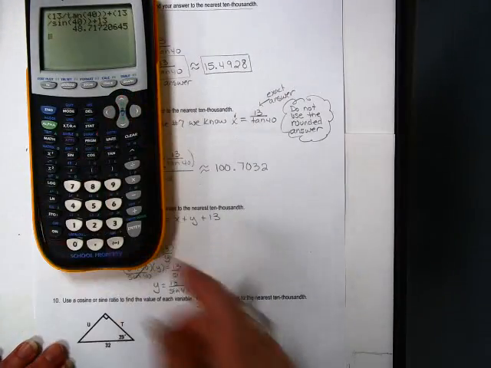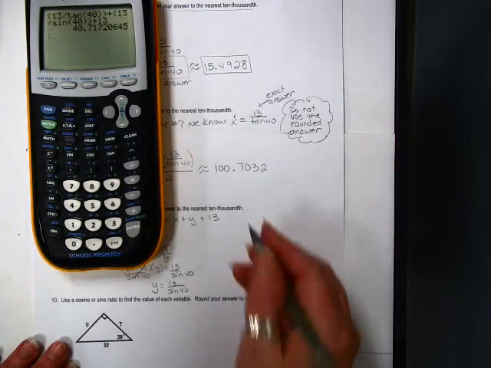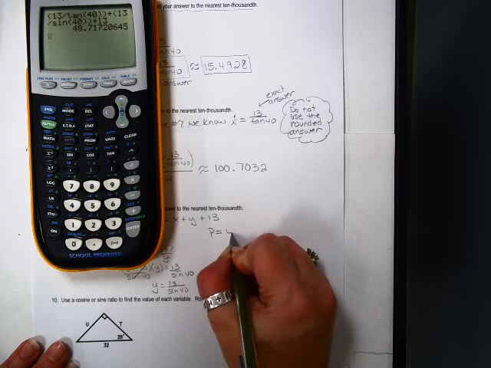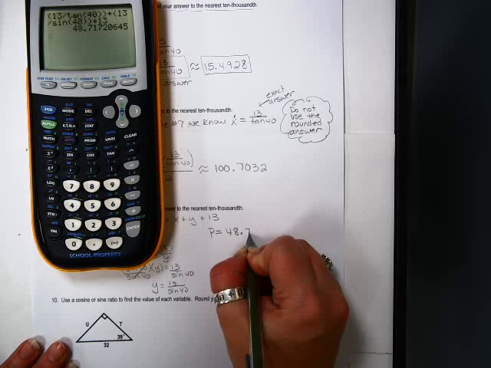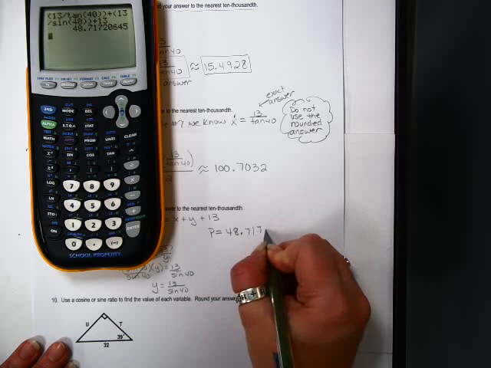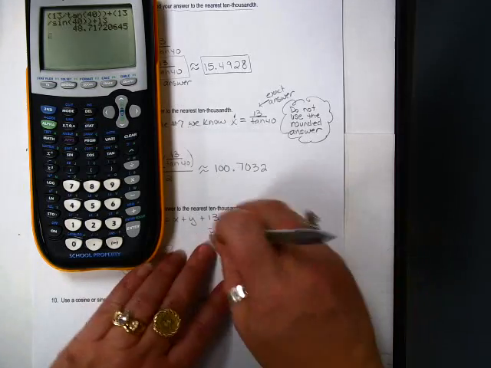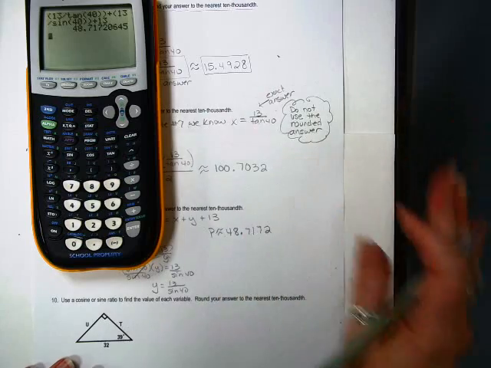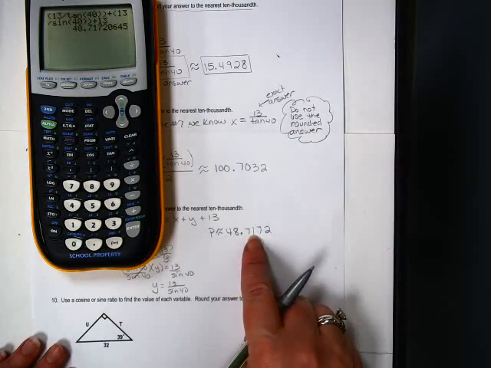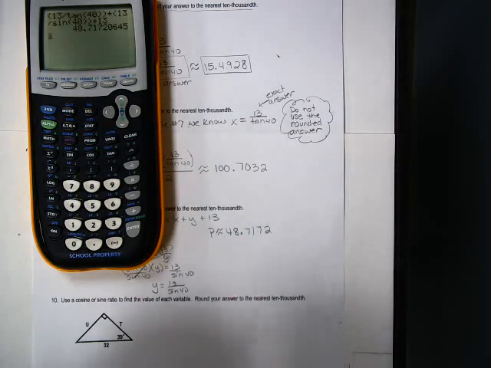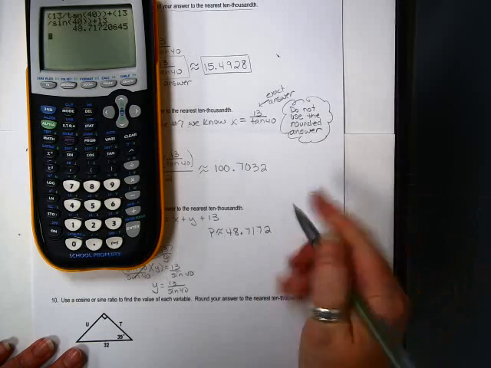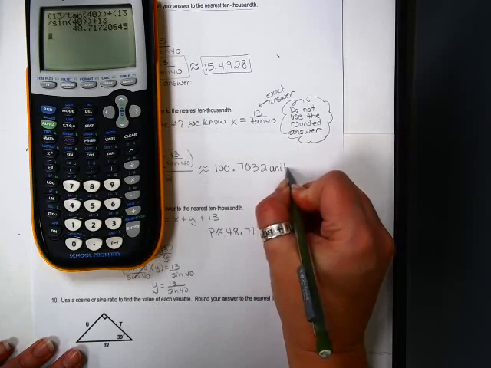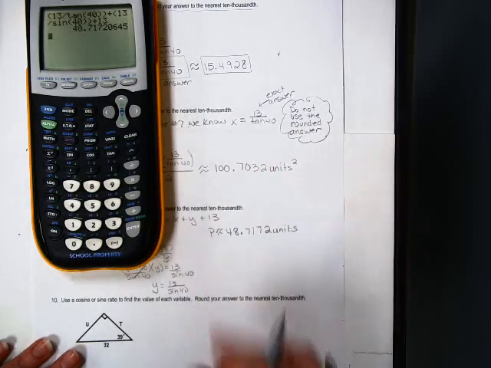When you type that in, you're going to get perimeter is equal to 48.7172. And we should use the approximate because we've rounded. So perimeter is approximately 48.7172 units. This was units because they didn't give us one. This one up here should be units squared because they didn't give us a unit.